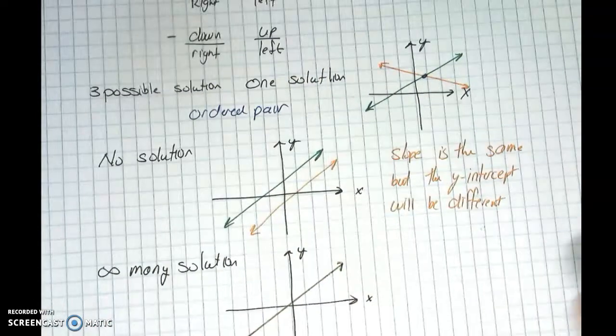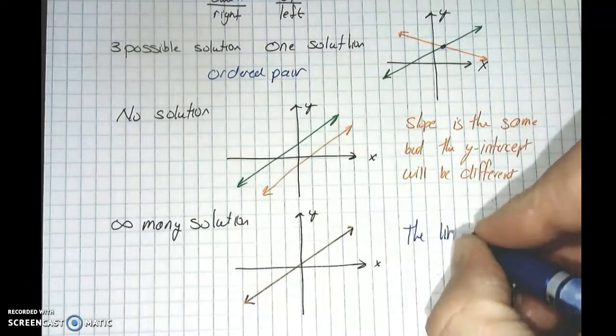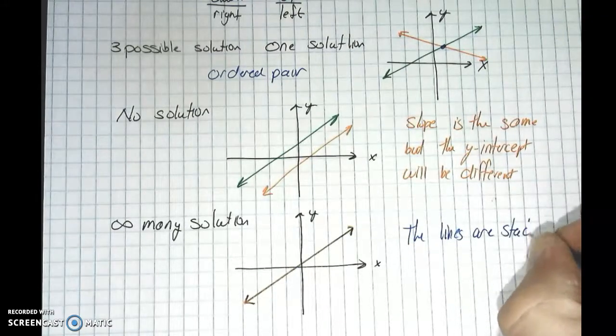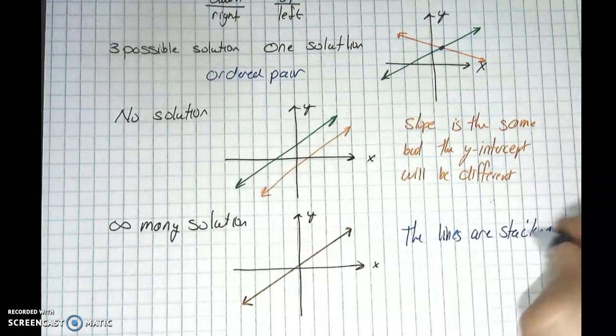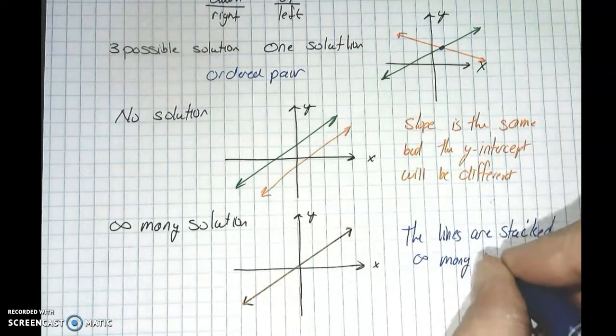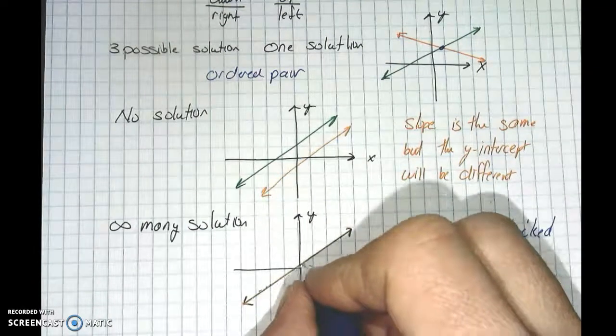And so the lines are stacked. The lines are stacked, so that's why we have infinitely many solutions, because they're crossing all the way across each other, okay?